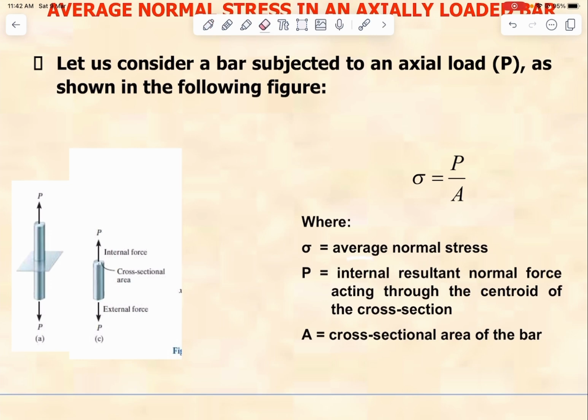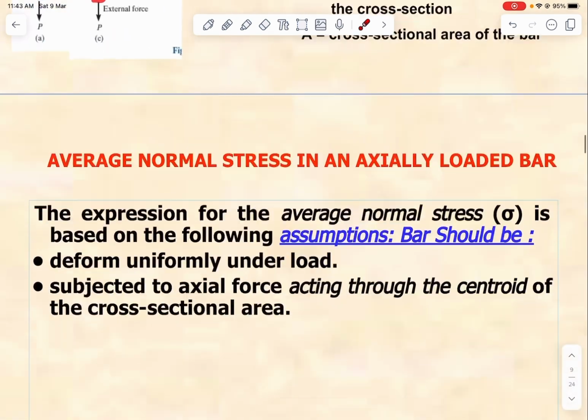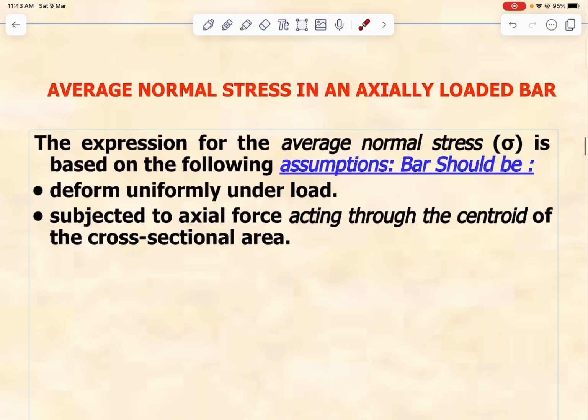So we represent the average normal stress with sigma, and the internal resultant normal force acting through the centroid of the cross-section as P, and the cross-section we represent by A. The cross-section is this one: if I cut it, I get this cross-section and it's a circle. As we said, we will assume it deforms uniformly under load, or is subjected to an axial load acting through the centroid of the cross-section area.